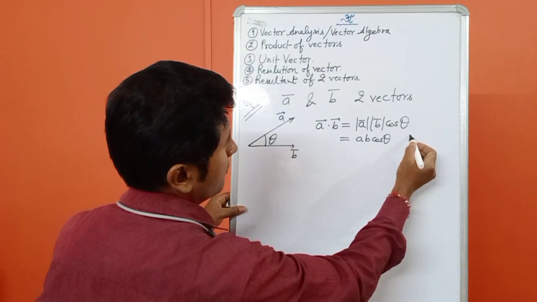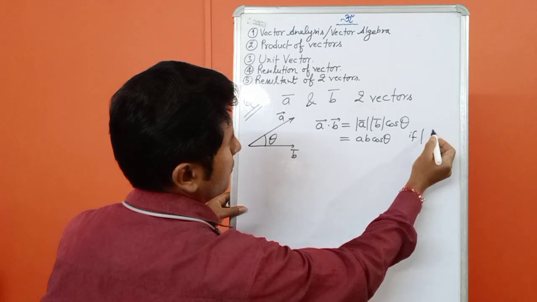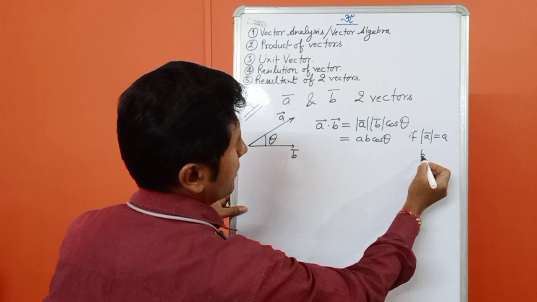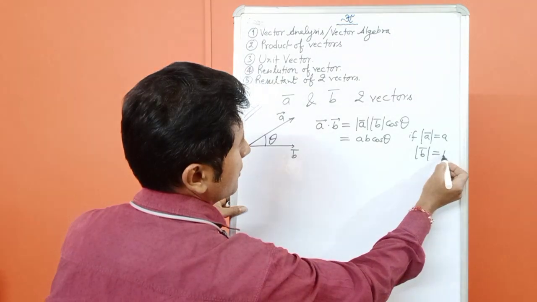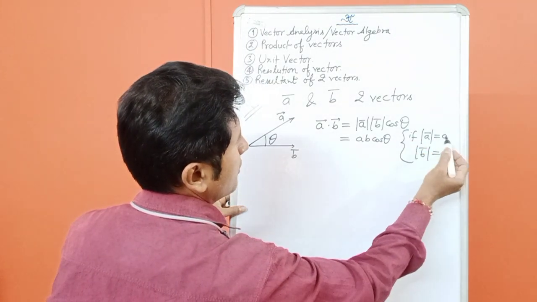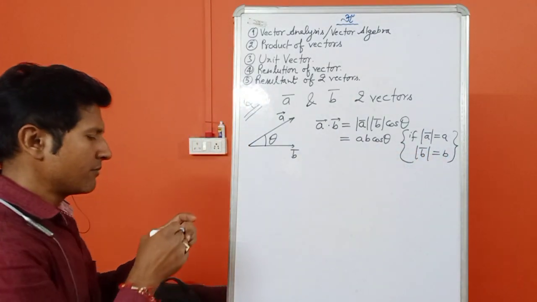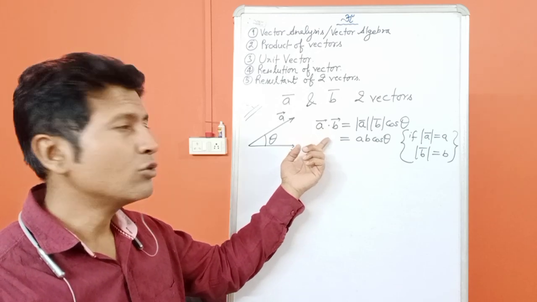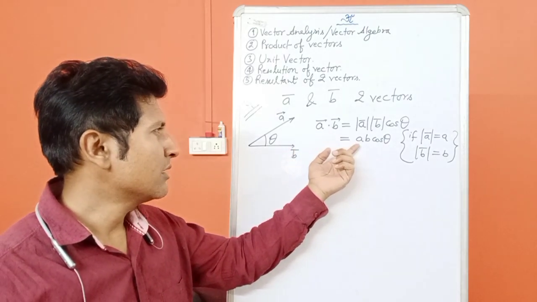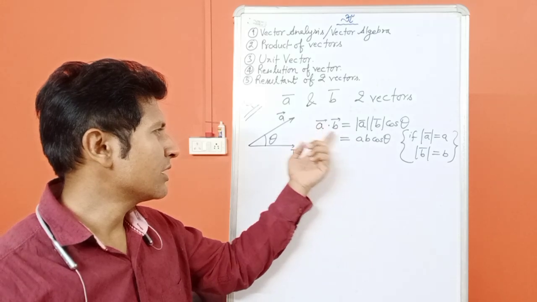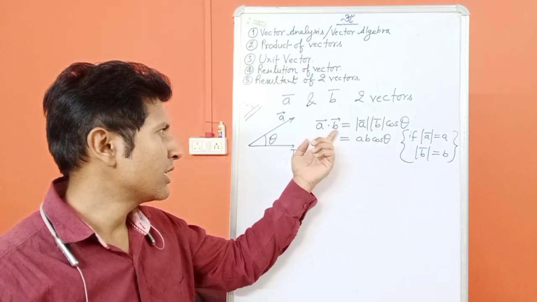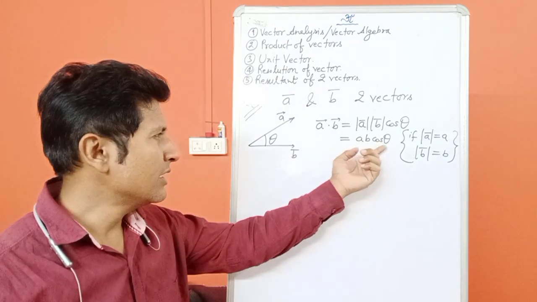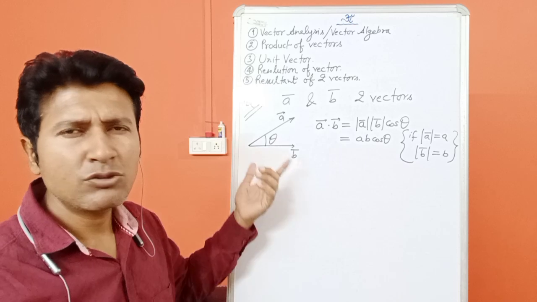If modulus of A is equal to small a and modulus of B is equal to small b, correct? Now look here, if this dot product has been given to you, and the magnitude of vector A and magnitude of vector B has been given, correct? So you can find out the angle in between the two vectors, yes or no?